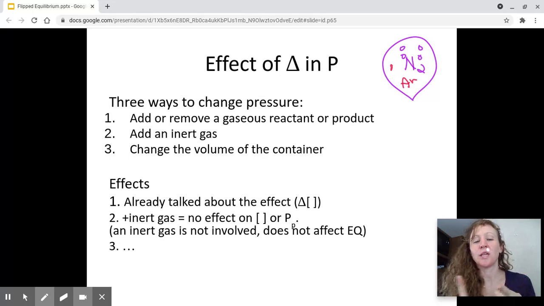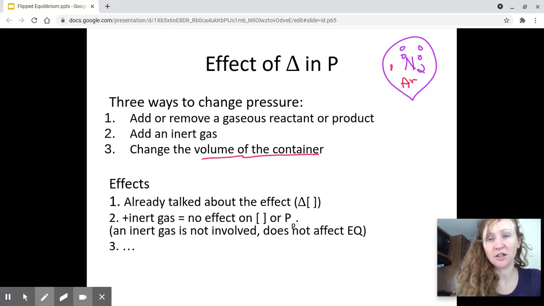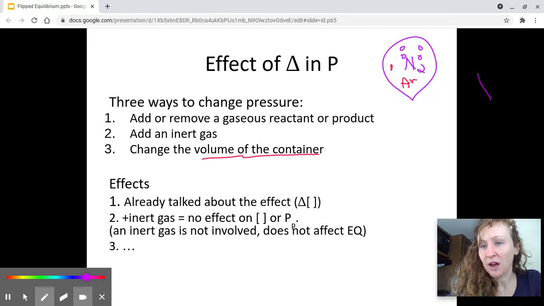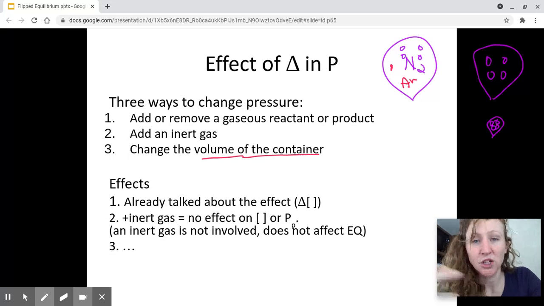Okay, so we can add a reactant, add a product, remove a reactant, remove a product. We can add an inert gas, or you can change pressure by changing the volume of the container, right? If we go back to our initial container that had 4 molecules of nitrogen in it, if we make that container smaller and we still have 4 molecules of nitrogen in it, the pressure is going to be higher, right?